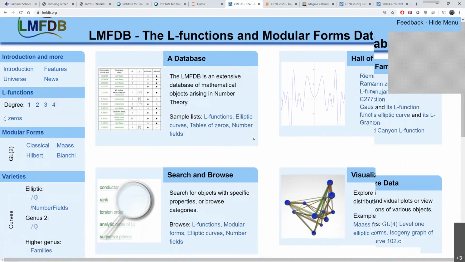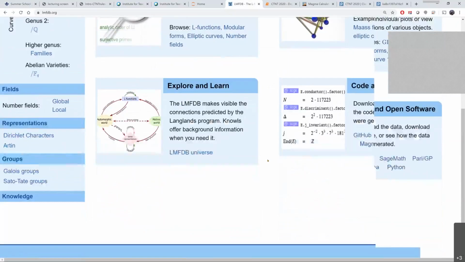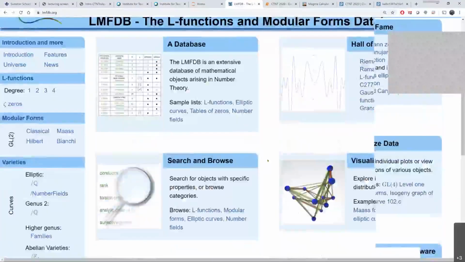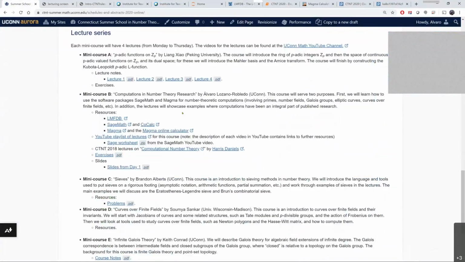LMFDB.org is one of the most recent and most comprehensive sites for objects of number theoretic nature, and it has a lot of information that is very useful to number theorists. But there are other sites that are very useful. For example, groupnames.org has a lot of information about groups that is very useful to look up, and we'll do that probably in a moment.